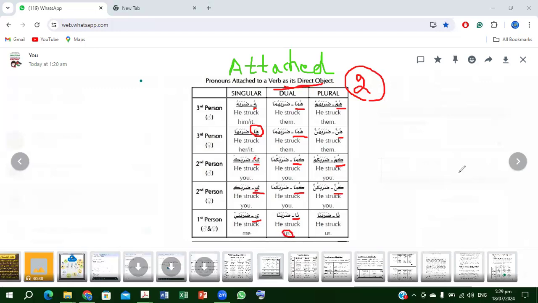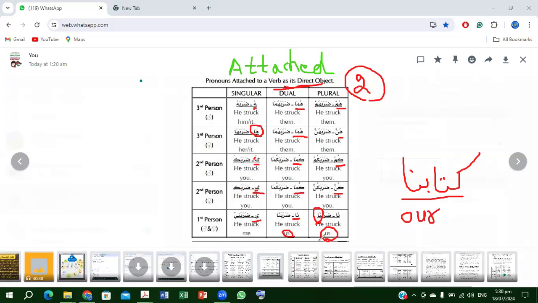Now, can you see the difference? If it is kitabuna, Faika, what is the translation of kitabuna? Our book. So this na means our, and it is showing possession. But the same na is here, darabana. So how are we translating it? He hit us.